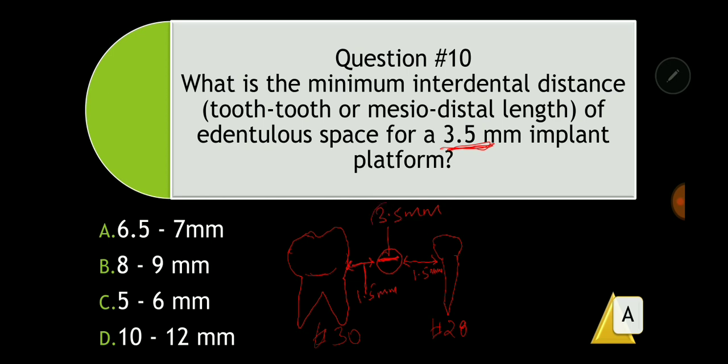You have the 3.5 plus the 1.5 plus the 1.5, right? So how much is that? This is going to give you at least 6.5 millimeters, right? So you need at least 6.5 or 7 millimeters to put this size of an implant. You need that much edentulous space.